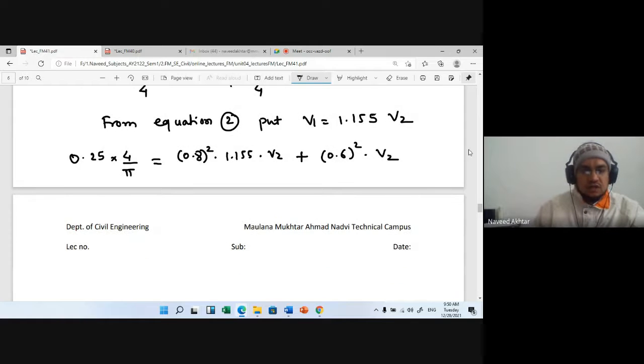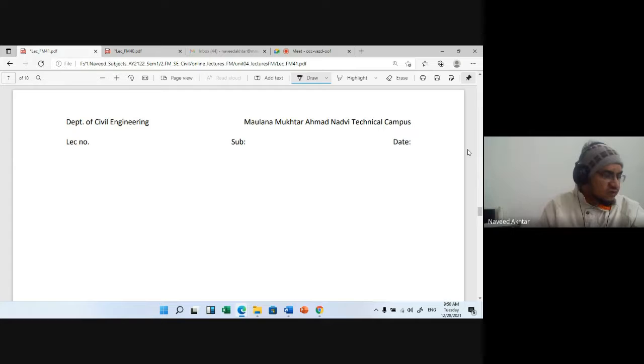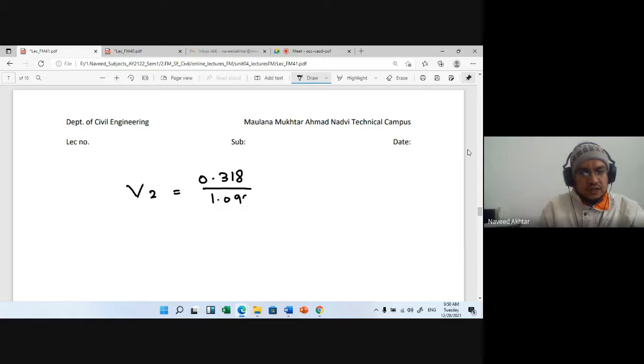If you find out, V2 will be equal to 0.318 upon 1.099, which is 0.289, or approximately 0.29 meter per second.